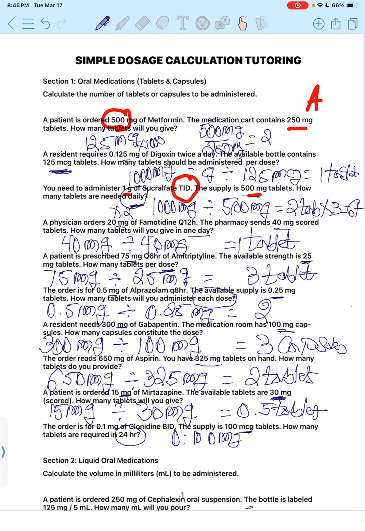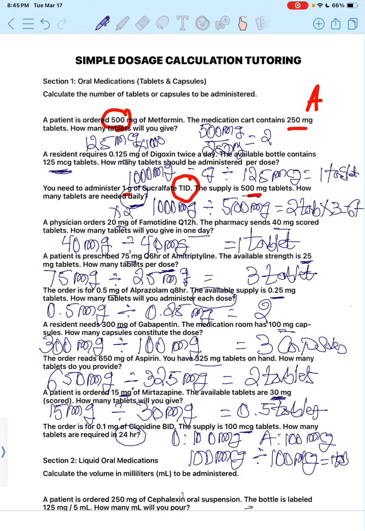And your available is 100 microgram. So I divide 100 microgram, my order, by my available, which is 100 microgram, times 1 tablet, and you're going to have 1 tablet.